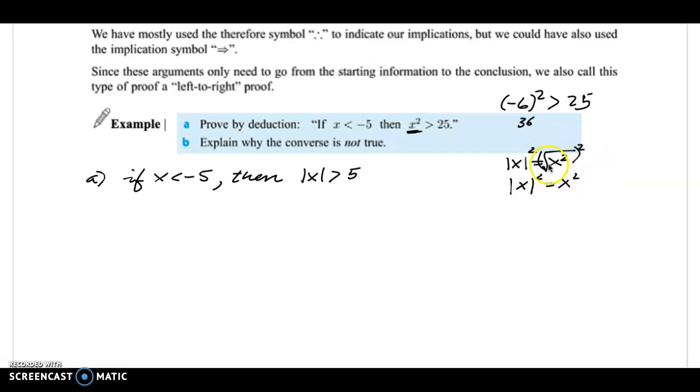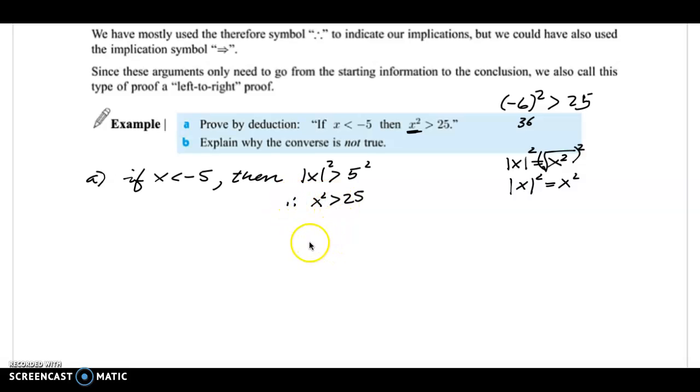It undoes the radical. So then what we can say, if we square both sides, is x squared is greater than 25. That makes sense.